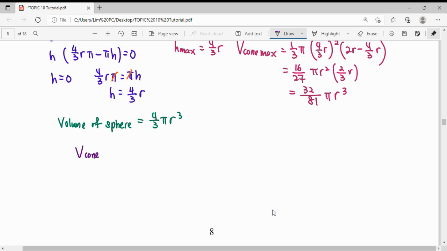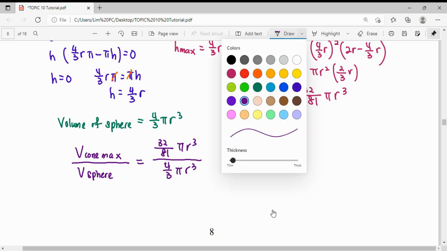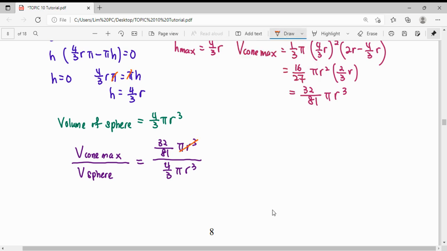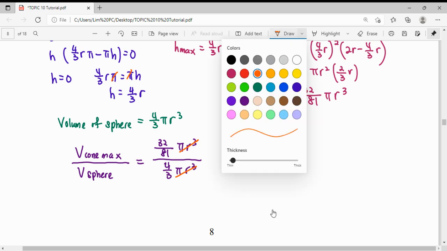the maximum volume of the cone to the volume of the sphere is equal to 32 over 81 pi r cubed over 4 over 3 pi r cubed. We can notice that this pi r cubed can be simplified. Then we press our calculator: what's the result of 32 over 81 divided by 4 over 3?